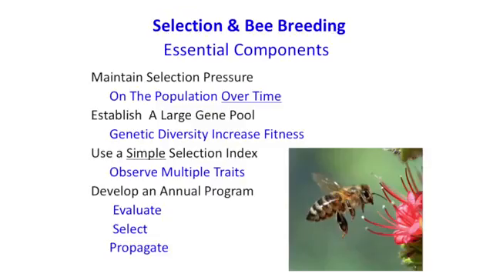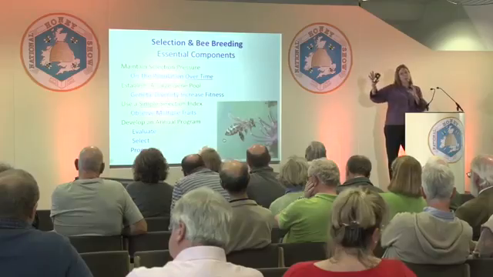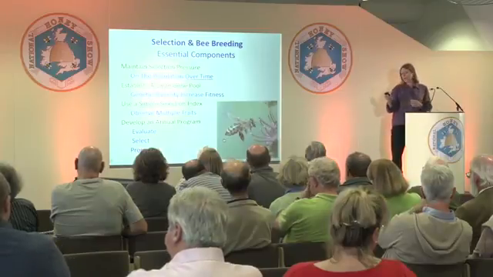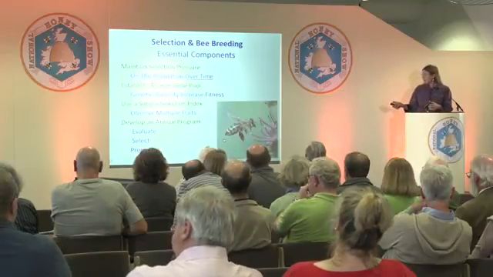Again, the basic thing here is you're maintaining selection pressure on this population over time, and you're trying to enhance the natural selection. You're trying to enhance whatever the bees are doing, and skew them toward more productivity, but at the same time more uniformity in that.